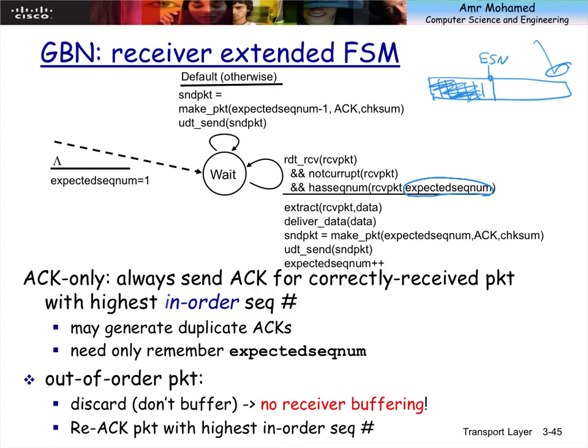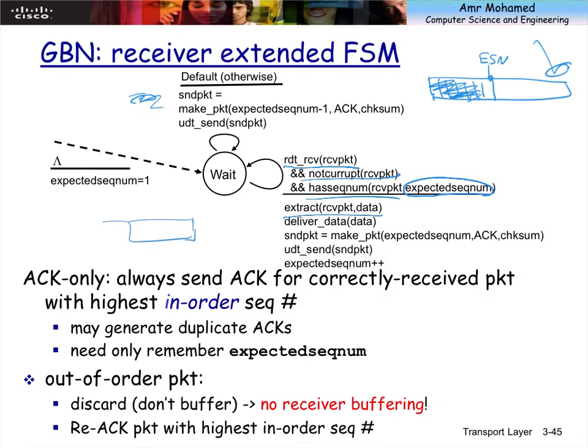If I receive anything outside, reject. This is that scenario. No, not that, we'll talk about that. So when I receive anything outside the window, and the window here is just one, very simple, it's just one. So if the packet is received and it's not corrupted and it has the same sequence number that I'm expecting, that's the only scenario where I will extract the packet, the opposite of make packet.